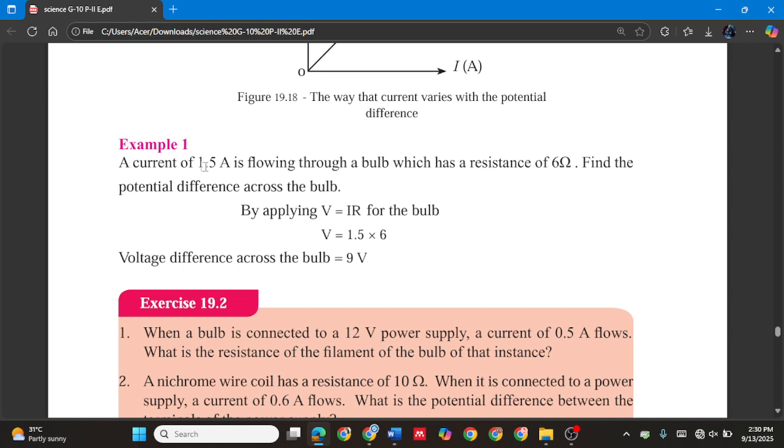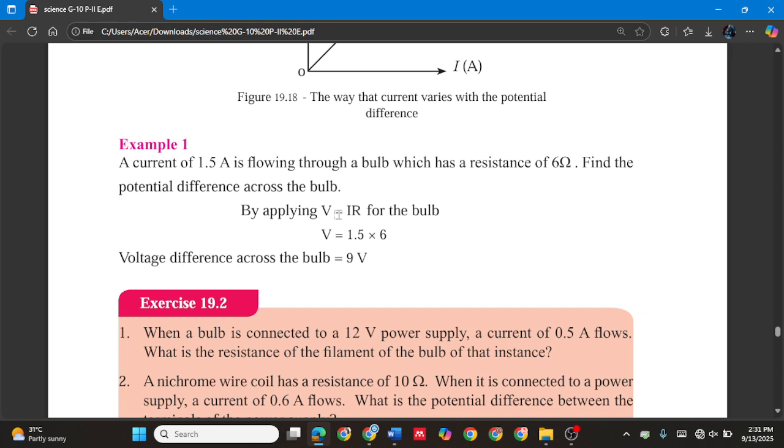Here, a current of 1.5 ampere is flowing through a bulb which has a resistance of 6 ohms. Resistance is given in the unit ohm and the current in ampere. Find the potential difference across the bulb.